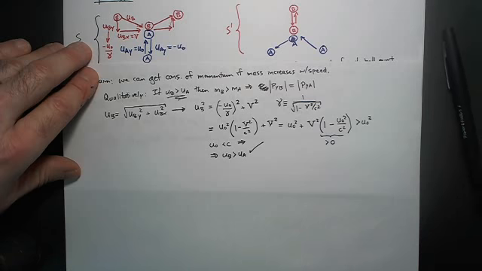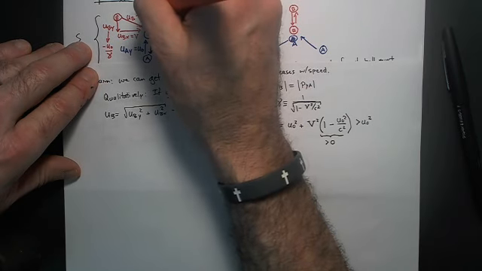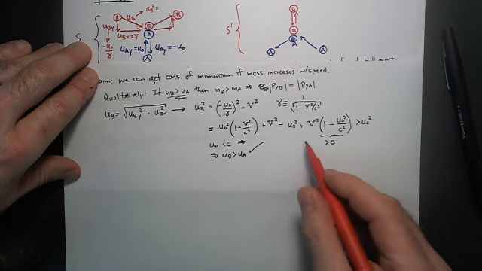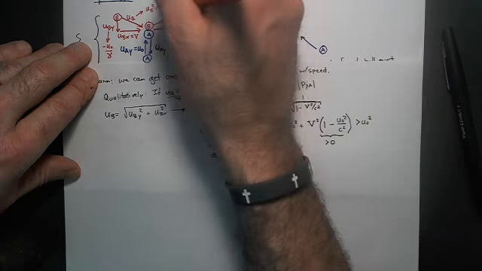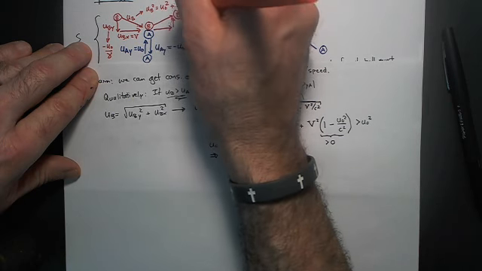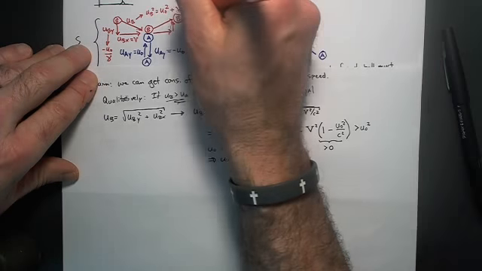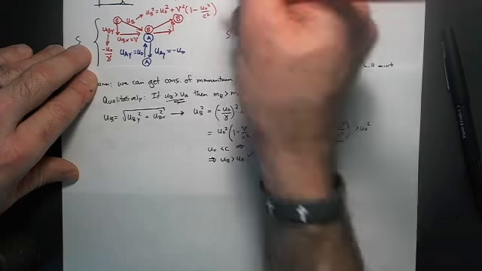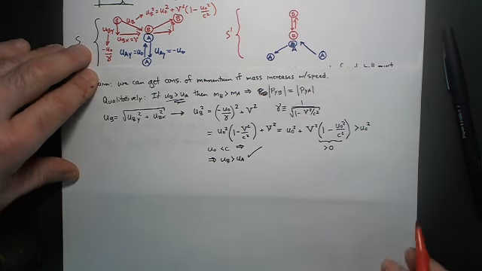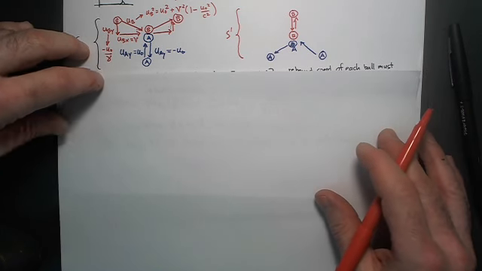UB squared equals u naught squared plus v squared times the quantity 1 minus u naught squared over c squared. Okay. So now let me get myself some more space to work with.